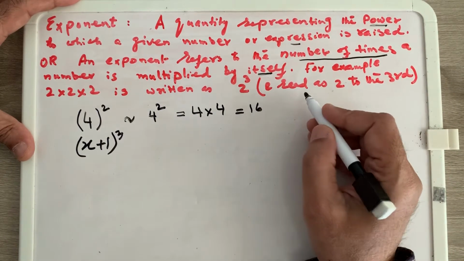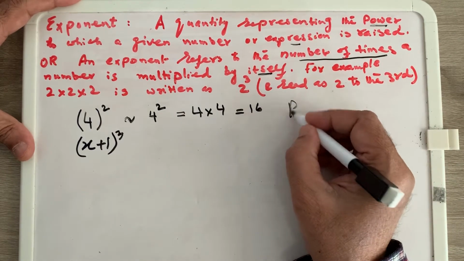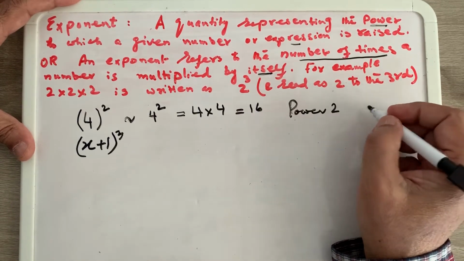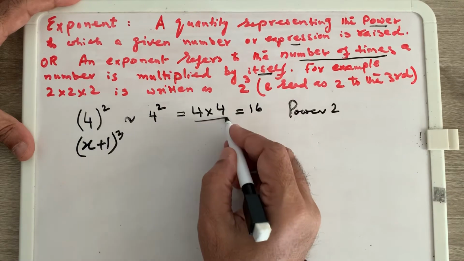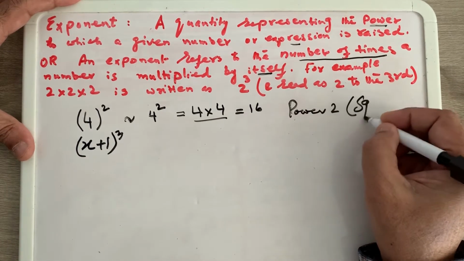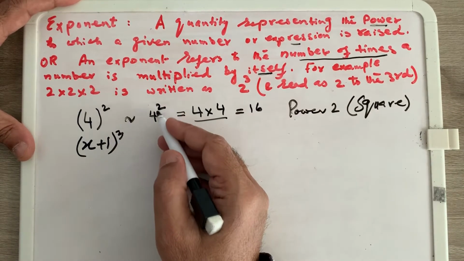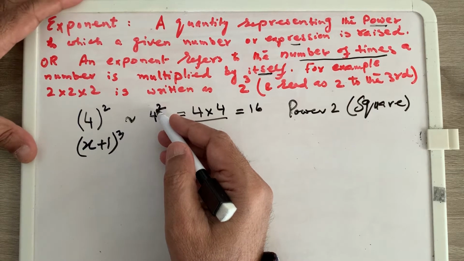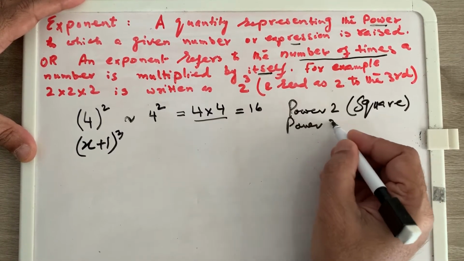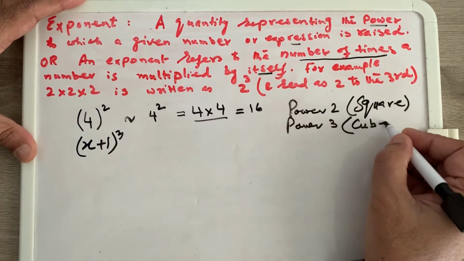And we also have a generic name for them, like power 2 is also called square. So we say 4 square, or we can say 4 to the power 2, or then we have power 3, and usually in mathematics, in algebra, we call it cube.